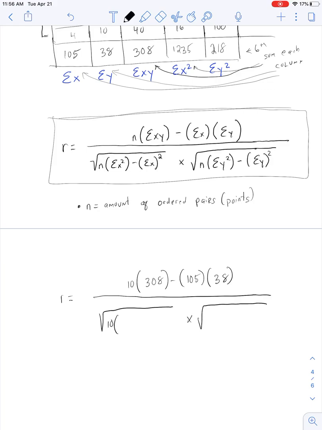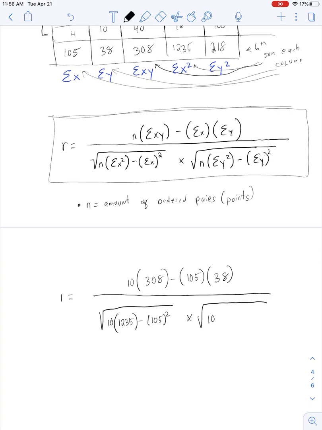So we have 10 times the quantity summation of x to the power of 2, which is this one right here, 1, 3, 2, 5, minus, this just says summation of x, which is 105, right? But then we're going to take that to the power of 2. Follow the same steps on the other square root symbol, right? 10 times the quantity 218, minus the quantity 38 to the power of 2.